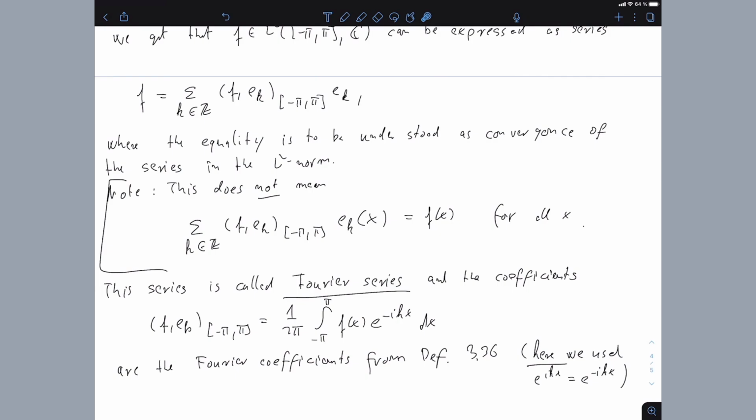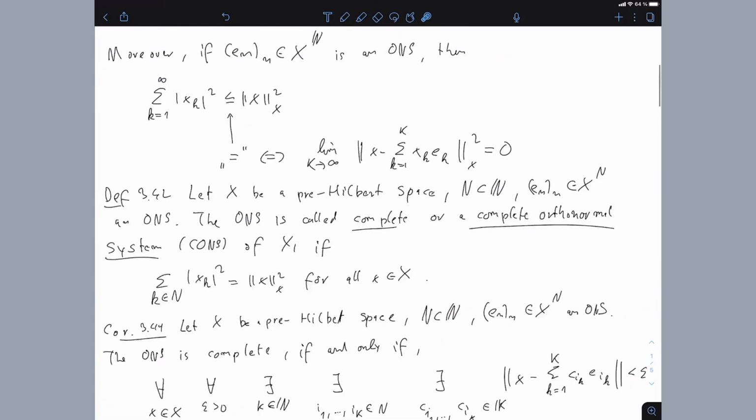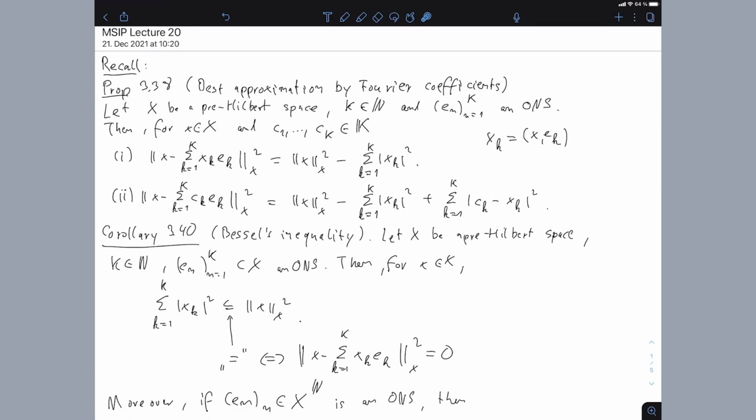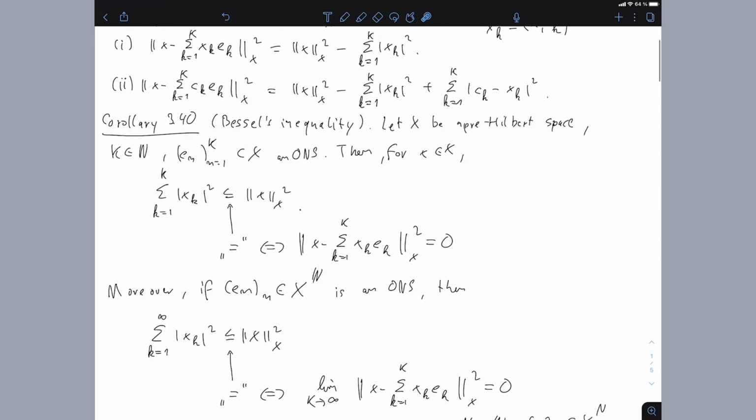We changed this from N to Z because you need the positive and negative integers in here, and it's more convenient to index the positive and negative integers with Z instead of having an extra mapping that does this for starting on N. But I thought that in the beginning, when you start getting exposed to these orthonormal systems, it's more natural to just start counting with one and then go on, and it's quite unnatural to start with zero and then count in both directions.